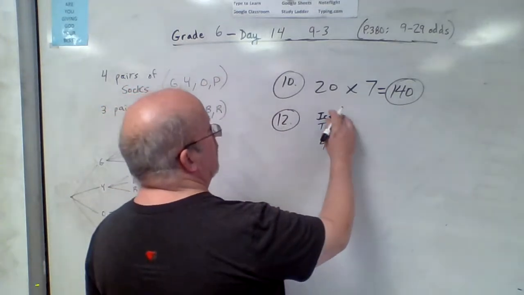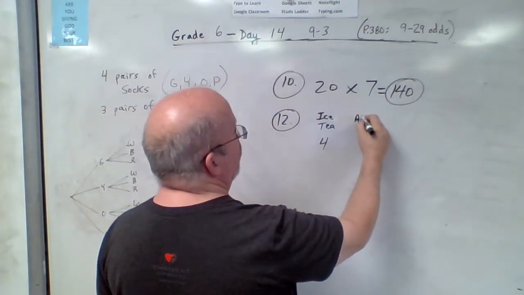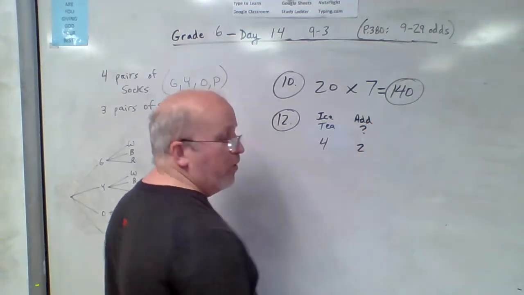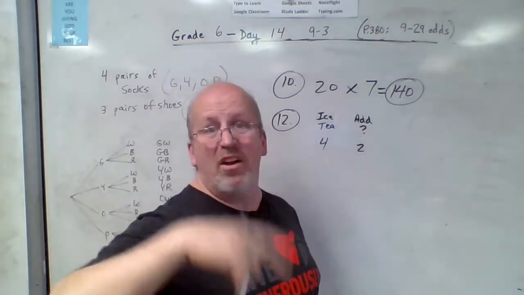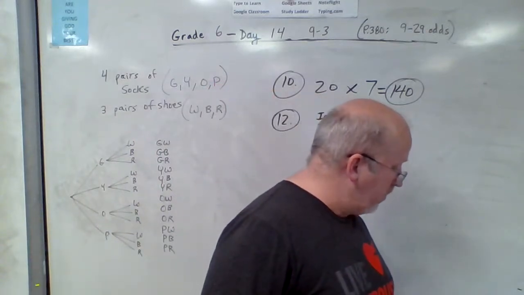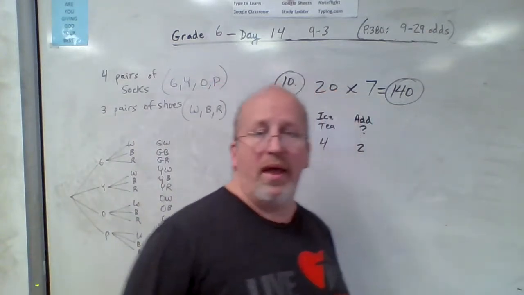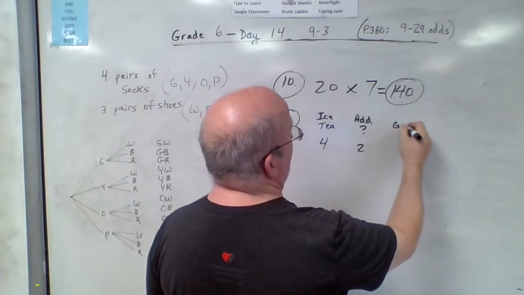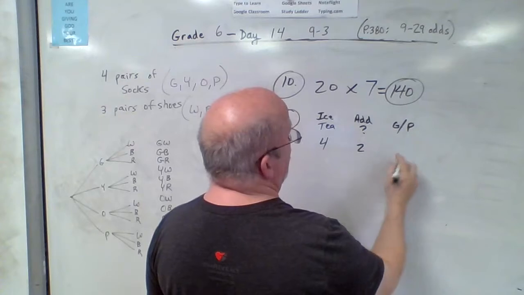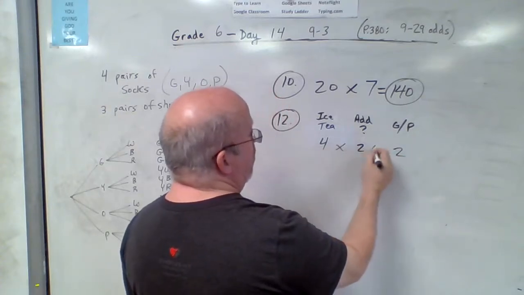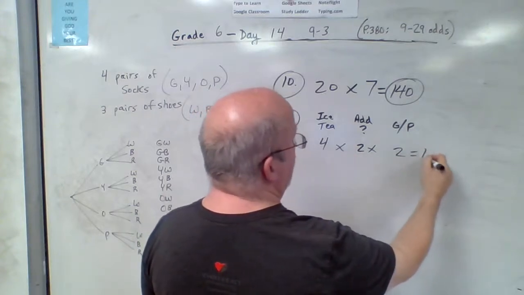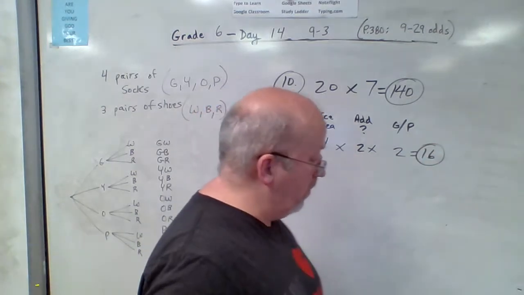Okay, so we're adding sweetener or we're not adding sweetener. And there's 2 different ways we can do that. We can either add it or not add it. And then it says putting it in a glass or a plastic container. Well, that's the choice of glass or plastic. That's 2 different ways. So the fundamental counting principle says our answer is 16 different ways.